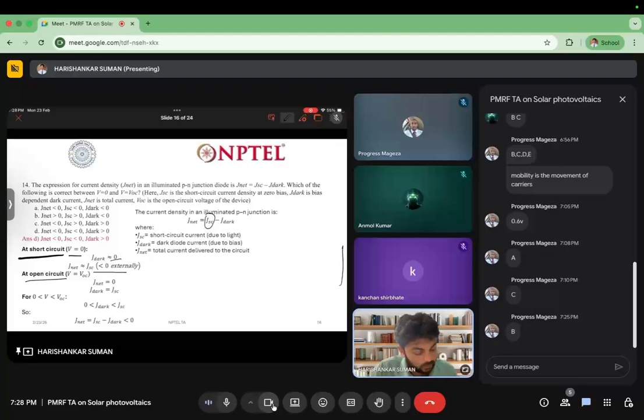At open circuit voltage, J net is totally zero, J dark equal to J saturation. Between this, 0 to JSC vary. J dark is greater than 0 but less than JSC, and total current is less than 0.